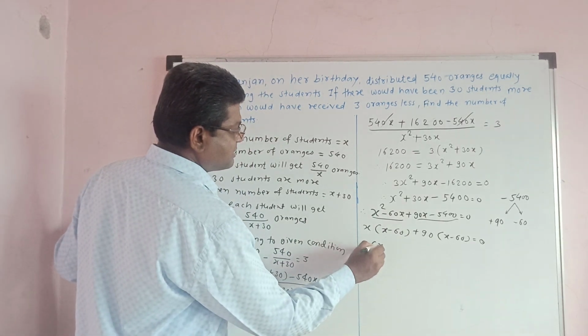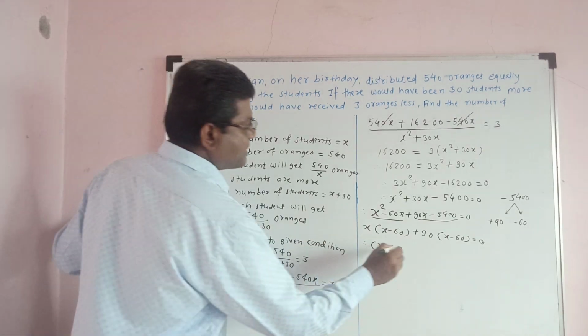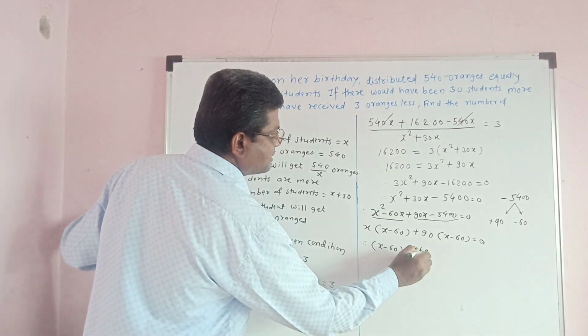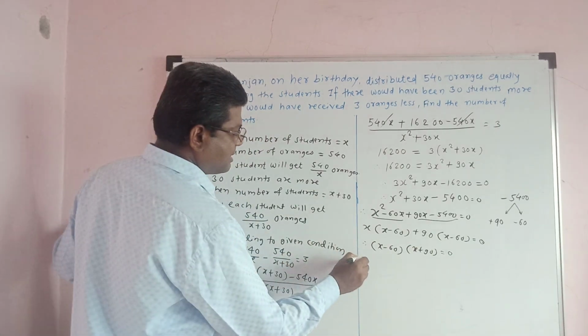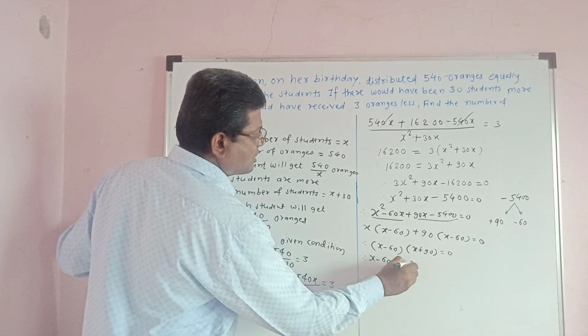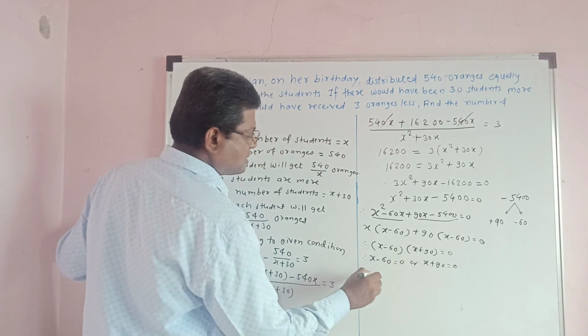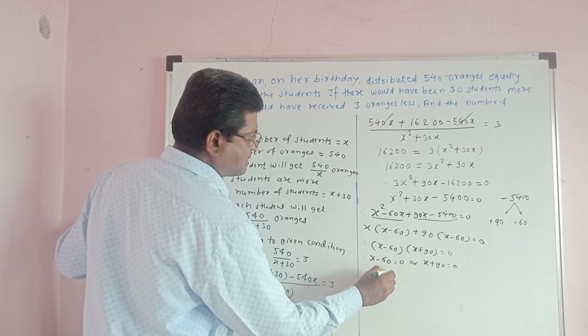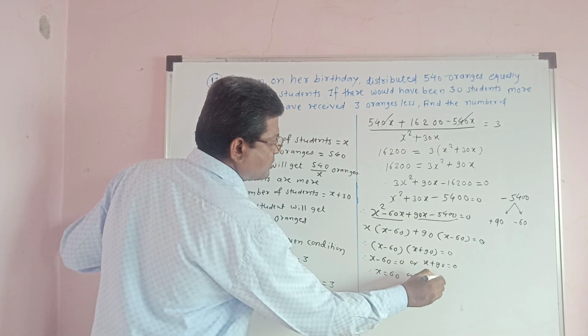Therefore x minus 60 is common bracket, and in second bracket x plus 90 is equal to 0. Therefore x minus 60 is equal to 0, or x plus 90 is equal to 0. Therefore x is equal to 60, or x is equal to minus 90.